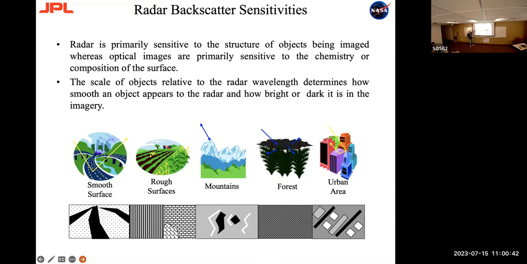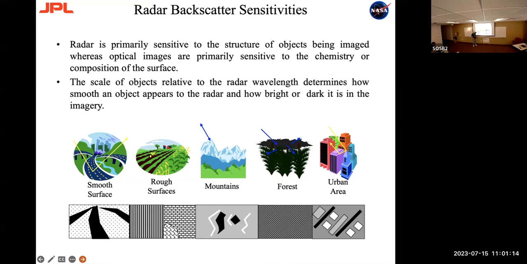When a wave hits a very smooth surface relative to the wavelength, it looks like a mirror. It tends to reflect off, and it looks very dark. So if you see roads in radar images, they'll often look dark relative to the background because they're basically mirrors to the incoming waves. Different crop surfaces will look differentially rough, and different plants have different dielectric constants, so they'll reflect things differently.